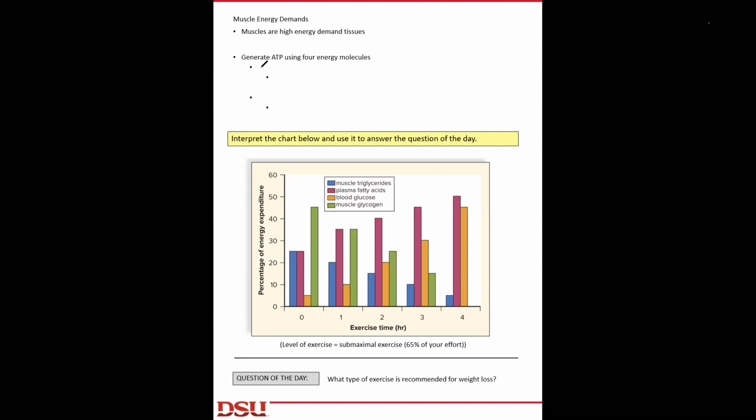So first we've got our glycogen. And then we have triglycerides. And these are stored in the muscle.